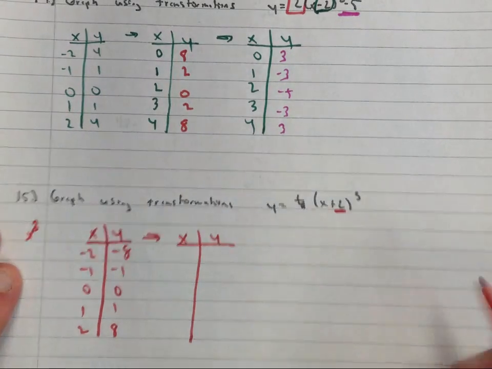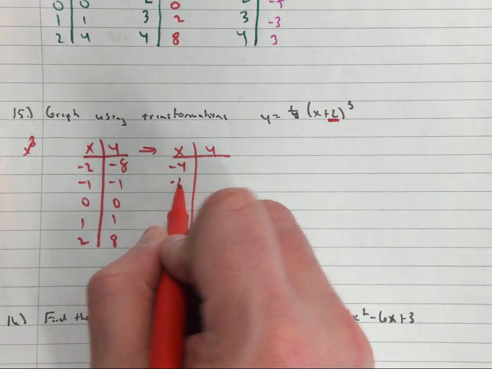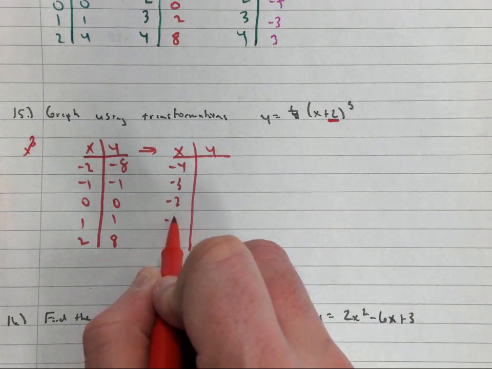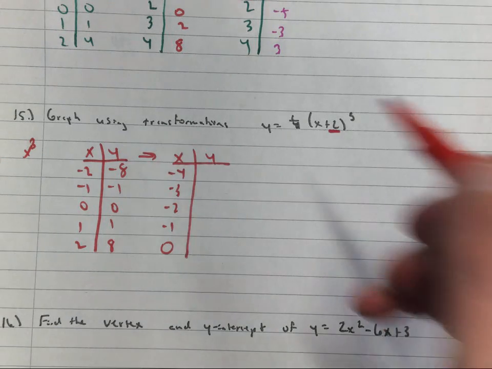What's that plus 2 going to do? Affect the x or the y? So I'm going to add positive 2 or negative 2 to my x. That 1/4, am I going to stretch or shrink by a factor of 1/4? Shrink. Is that going to multiply the x or the y's? The y's. It's on the outside.